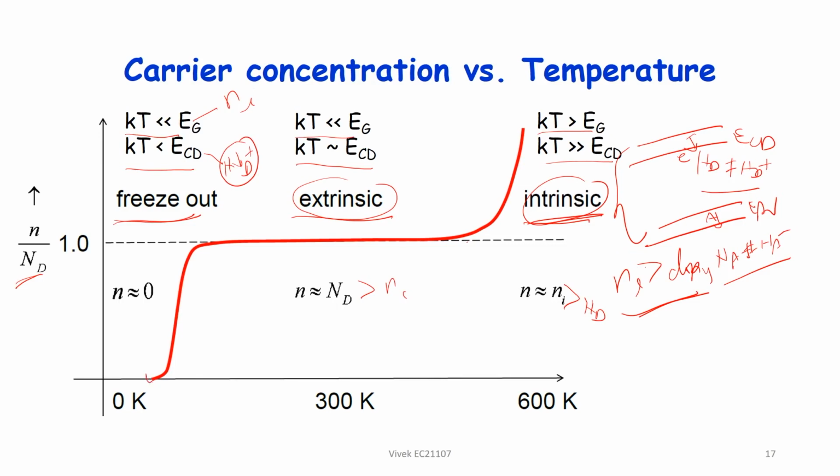At 0 Kelvin, silicon will be semiconductor or insulator? Correct. It will be insulator because it has a band gap and there is no thermal energy for electrons to jump. So Ni will be 0, right?